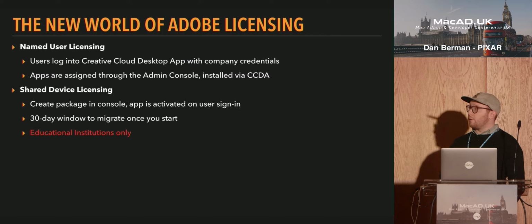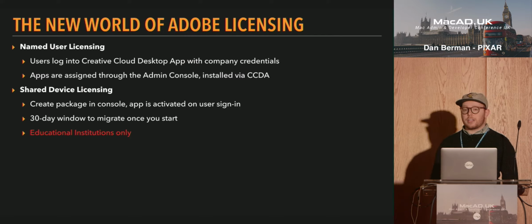And it's important to note that if you are an educational institution and you decide to migrate from device licensing to shared device licensing, you only have a 30-day window to complete that migration before all of your Adobe apps are considered. You're in the SDL world.